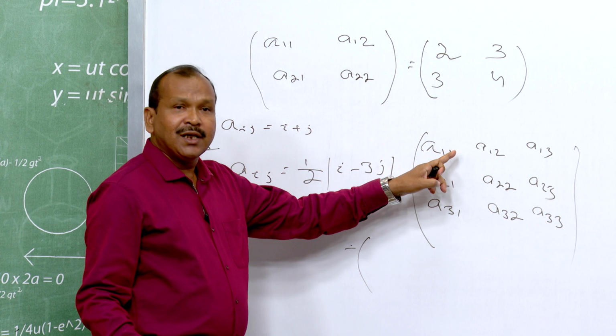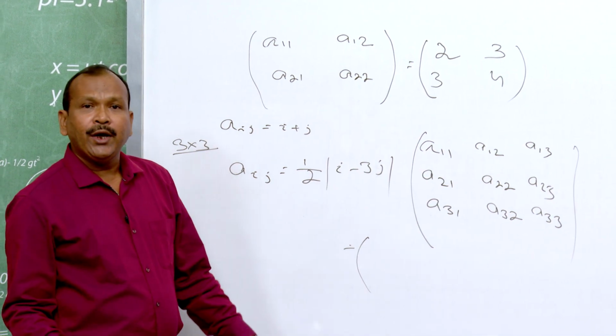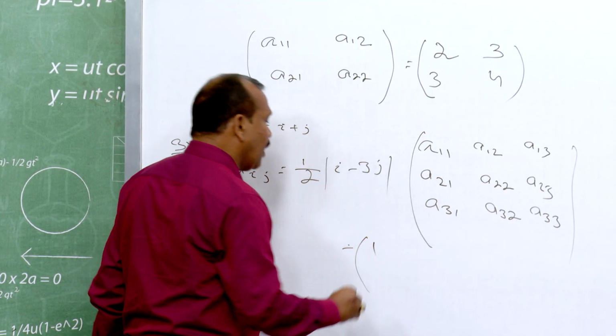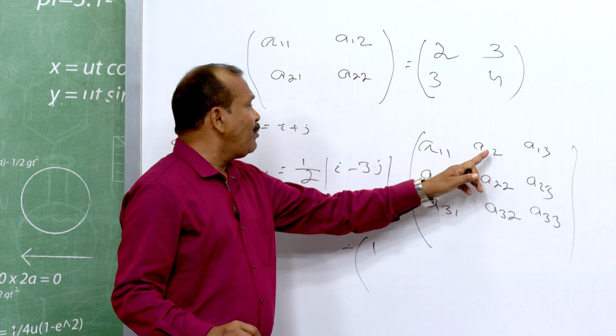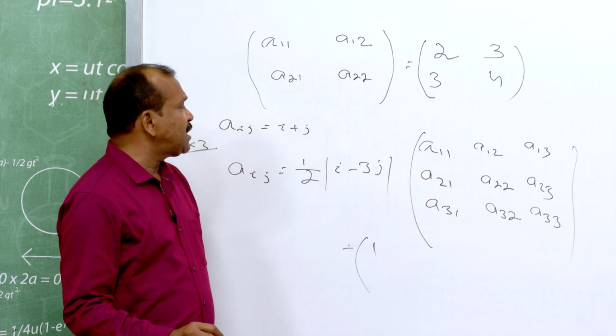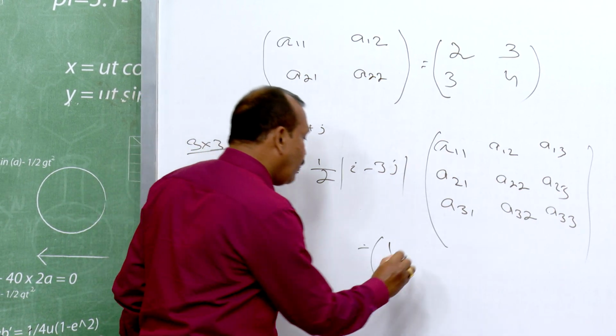A11: 1 minus 3 is minus 2, the mod becomes 2, 2 by 2 is equal to 1. Similarly, A12: 1 minus 3 into 2, 1 minus 6 is equal to minus 5, the mod becomes 5, so 5 by 2.